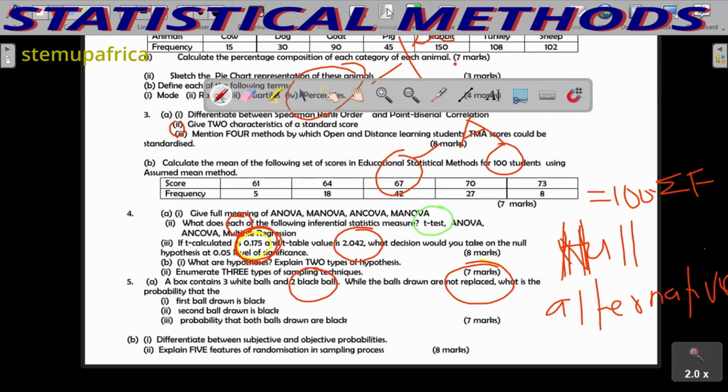It's just a random probability. While the other one is based on facts, the subjective is based on personal belief, judgment, experience, or opinion. It means when you say something subjective, it's your own personal opinion.